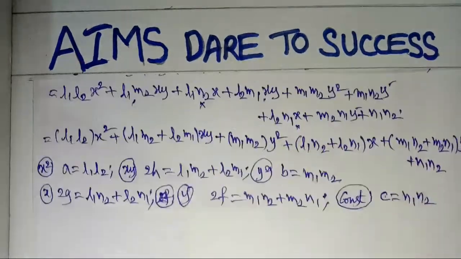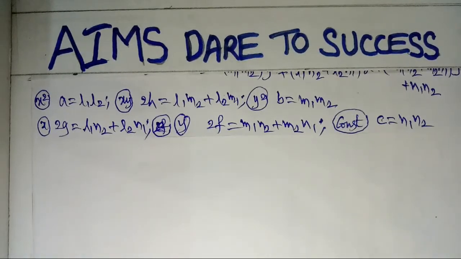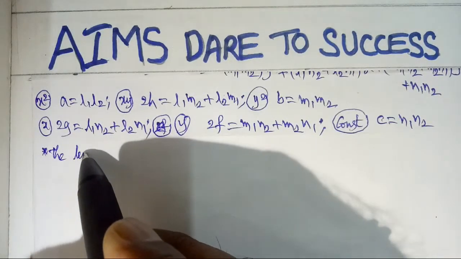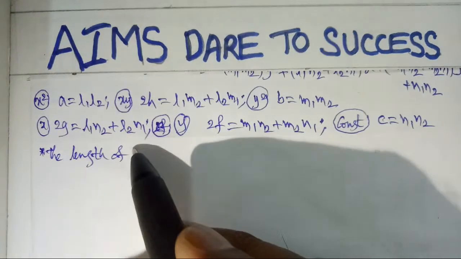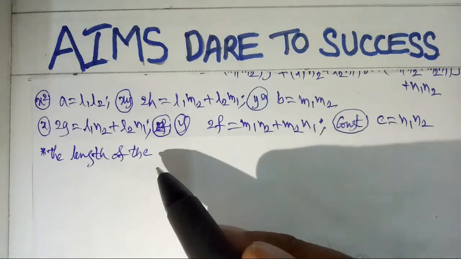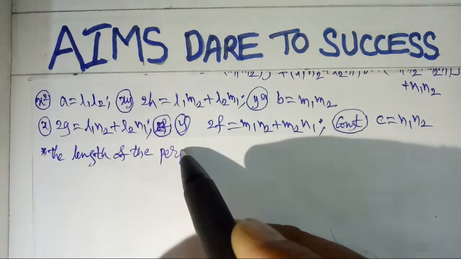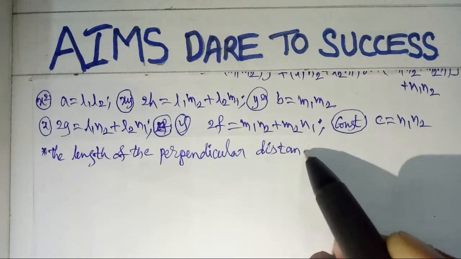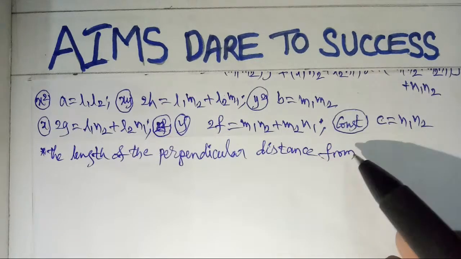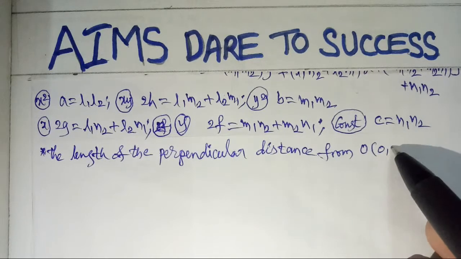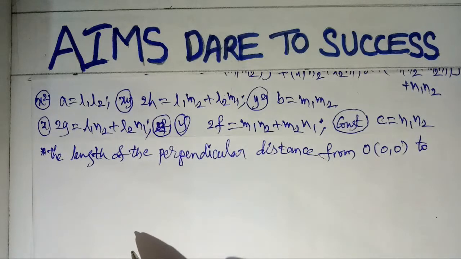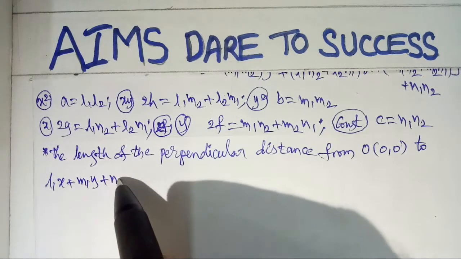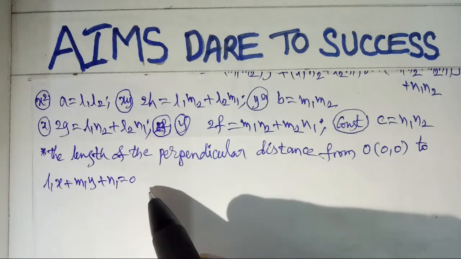First of all, individually, the length of the perpendicular distance from the origin, (0, 0), to the first straight line L1x + m1y + n1 = 0.